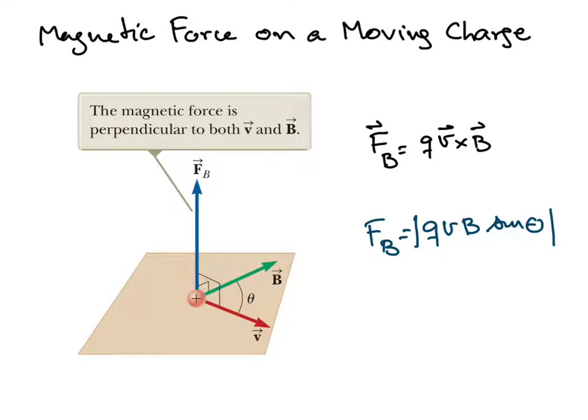Also, the magnitude of the cross product v cross B is vB sine theta, where theta is the angle between these two vectors. So the magnitude of F_B is q v B sine theta. This is the magnitude of the magnetic force.